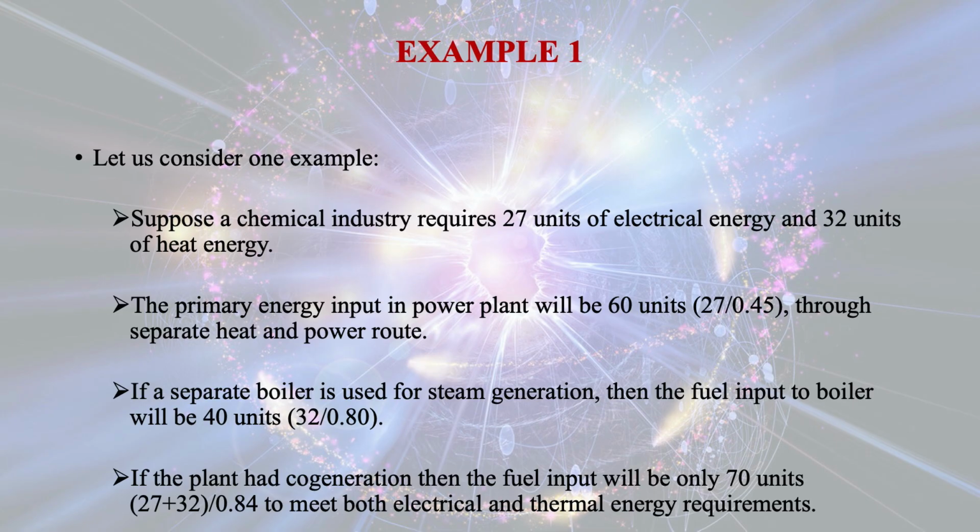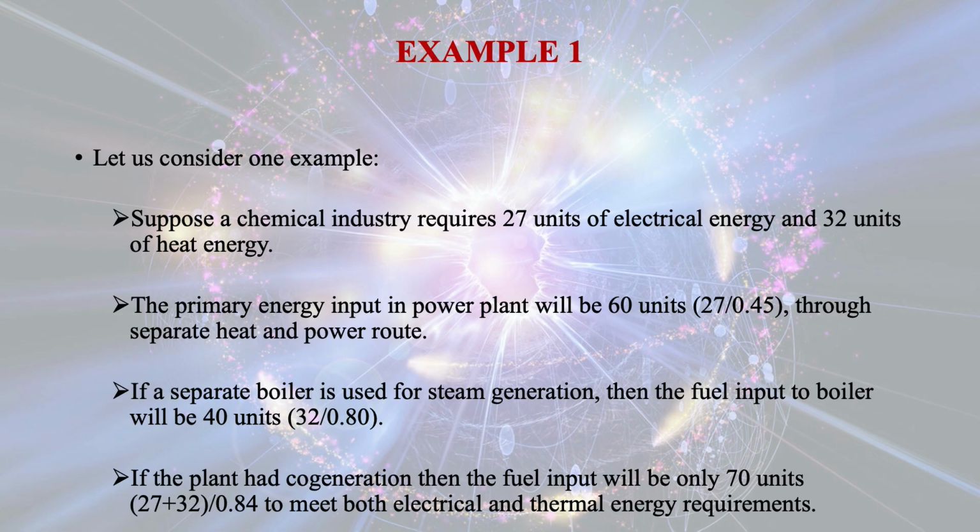If a separate boiler is used for steam generation, then the fuel input to boiler will be 40 units and we will get as an output 32 unit, because the efficiency of the boiler is 80%.